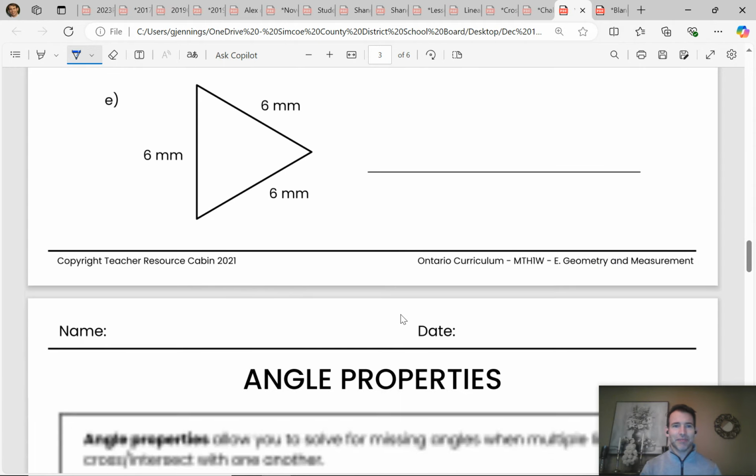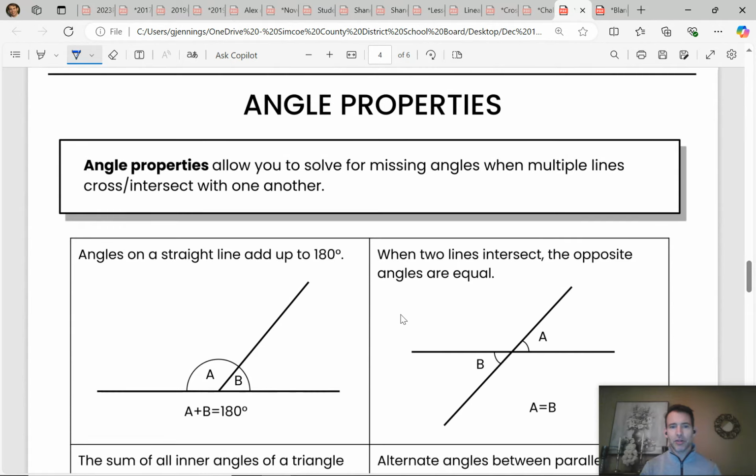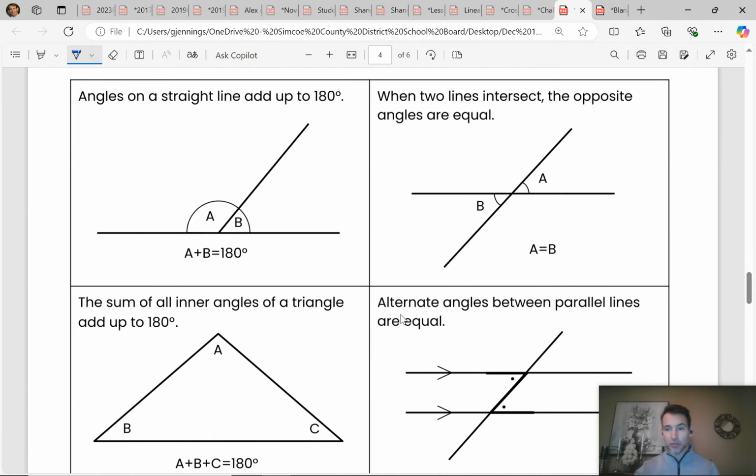Okay, all right. So now, angle properties. So here are some other things about angles that we want to know before we start moving forward with other types of problems. These problems are very common on EQAO, so you're going to want to have this as well. When we have a straight line, if I were to say turn halfway around and go back, that's a 180-degree turn.